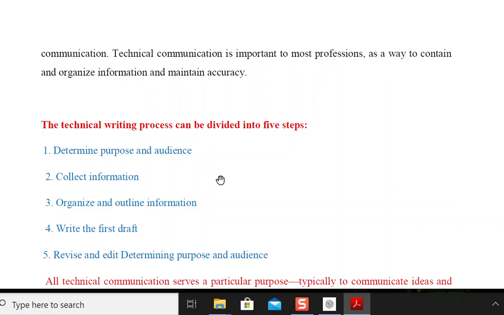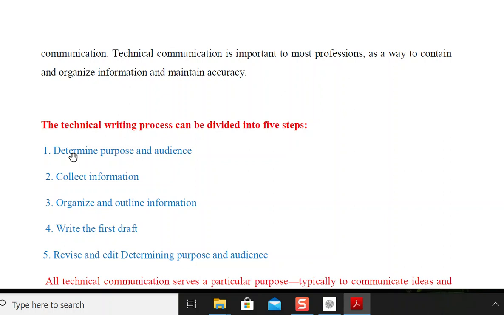the technical process can be divided into 5 steps. Step one: determine purpose and audience. First, the technical writer has to determine the purpose. For example, you are writing a report asked for by your university or your supervisor or a company about some specific software or some application to safeguard the network.